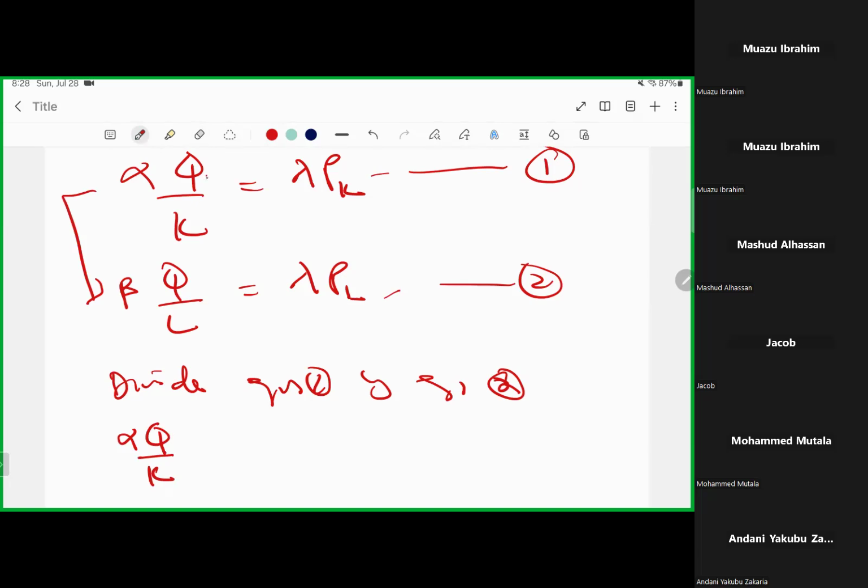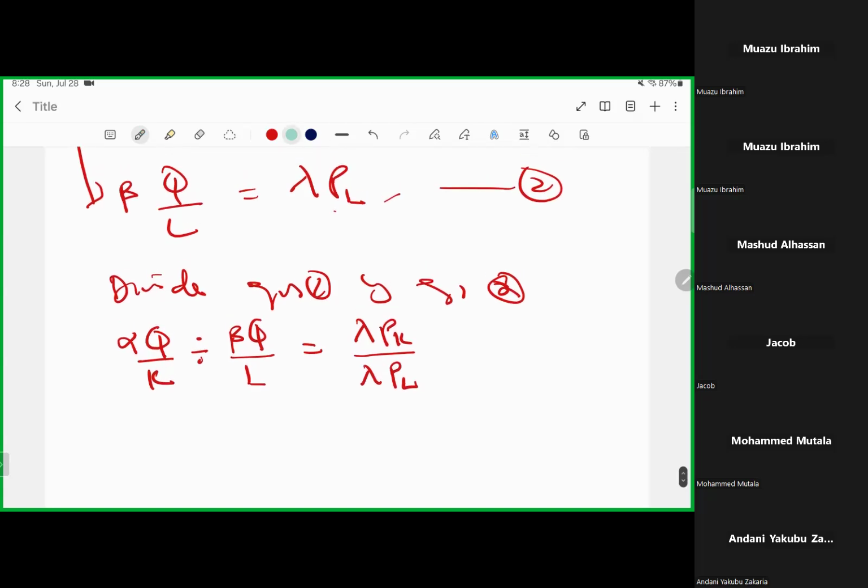So this is the first one, divided by beta Q all over L, is equal to this divided by this. So this divided by this will be PK all over PL.